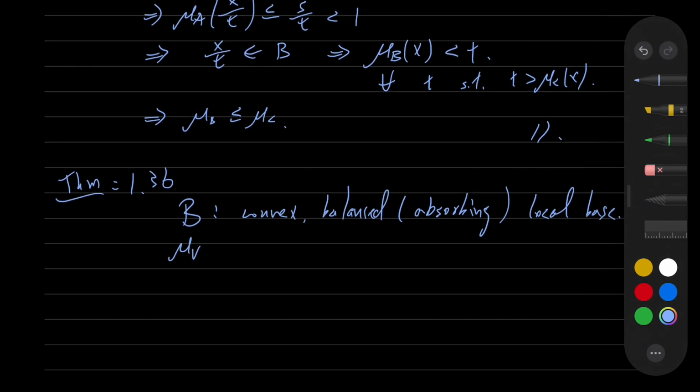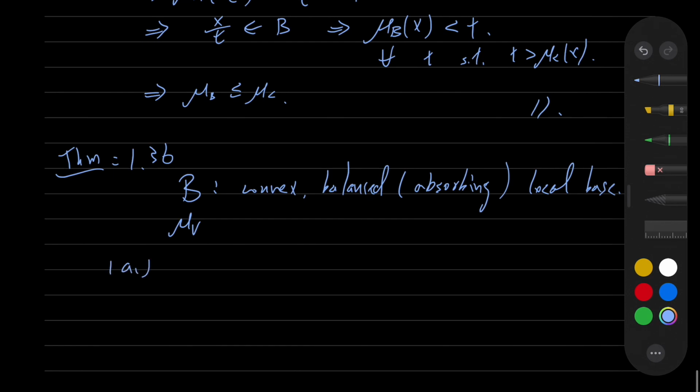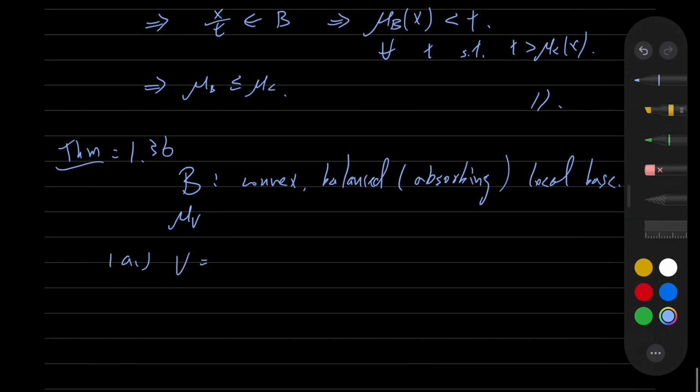And as before, we just write the Minkowski functional as mu v. Then we have the following properties. First, v is just the set we defined before, the Minkowski functional with values smaller than 1 for every neighborhood in the local base.